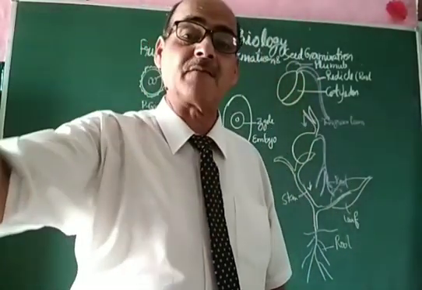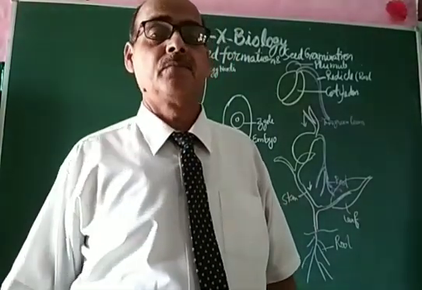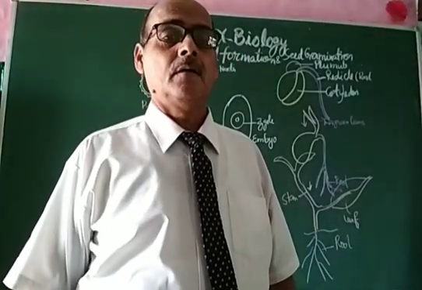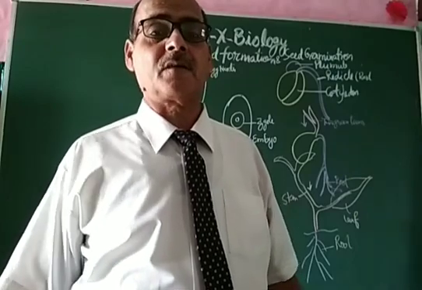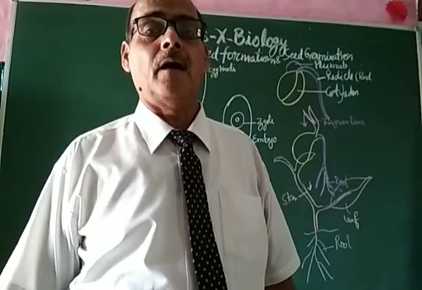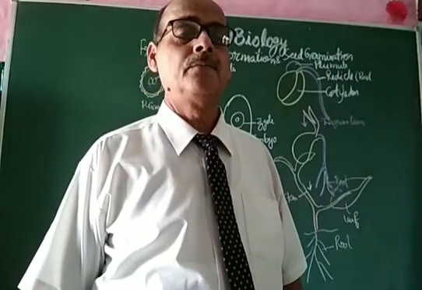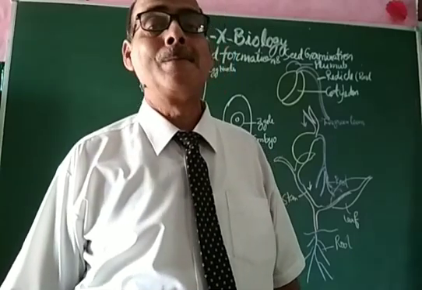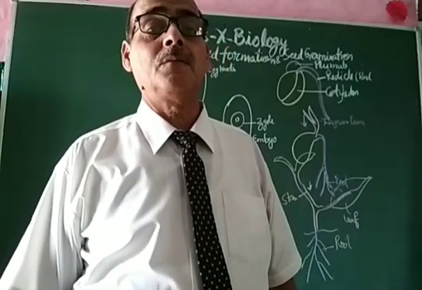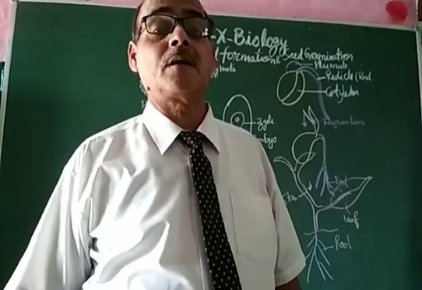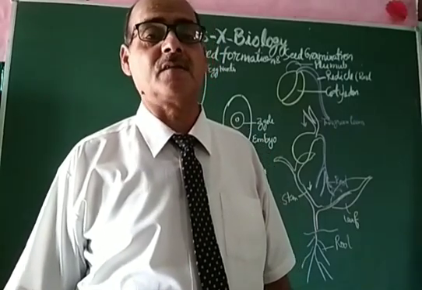This is the complete life cycle of the flowering plant. Flower gets developed, then formation of seed, formation of zygote will be there, and then germination of these seeds after the dormant condition.